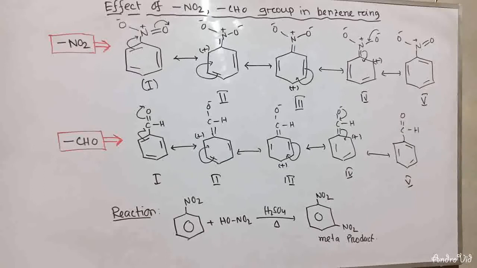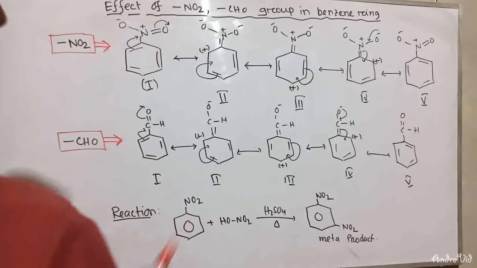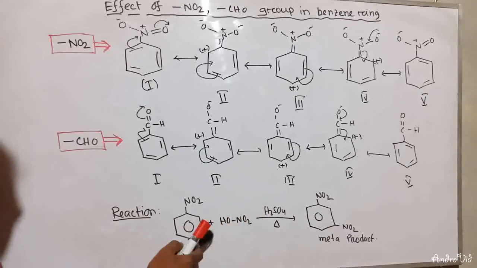So in that case, the electrophile will be directed only to the meta position. The meta position is not positive in charge, so there is a better chance to have electrons in the meta position. For this reason, the electrophile should be directed to this meta position.